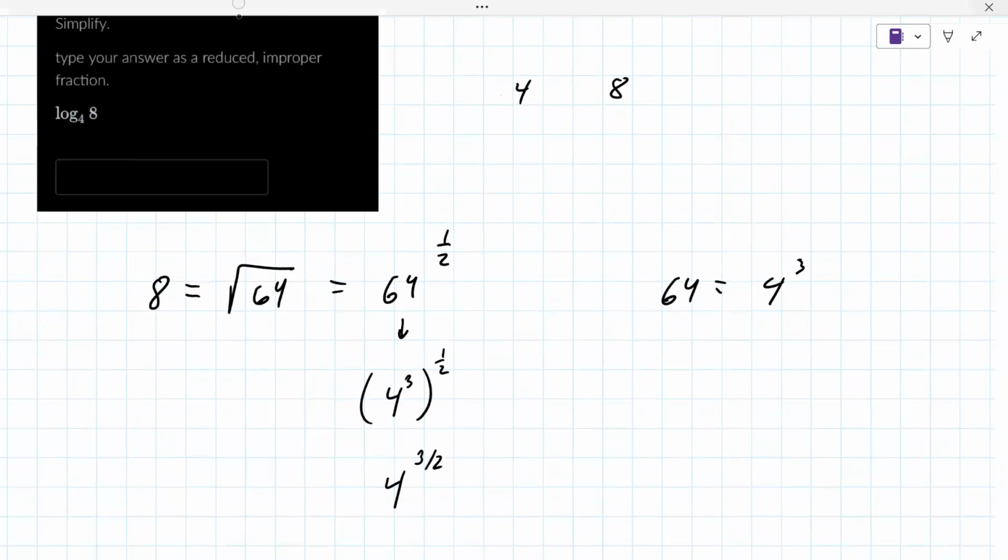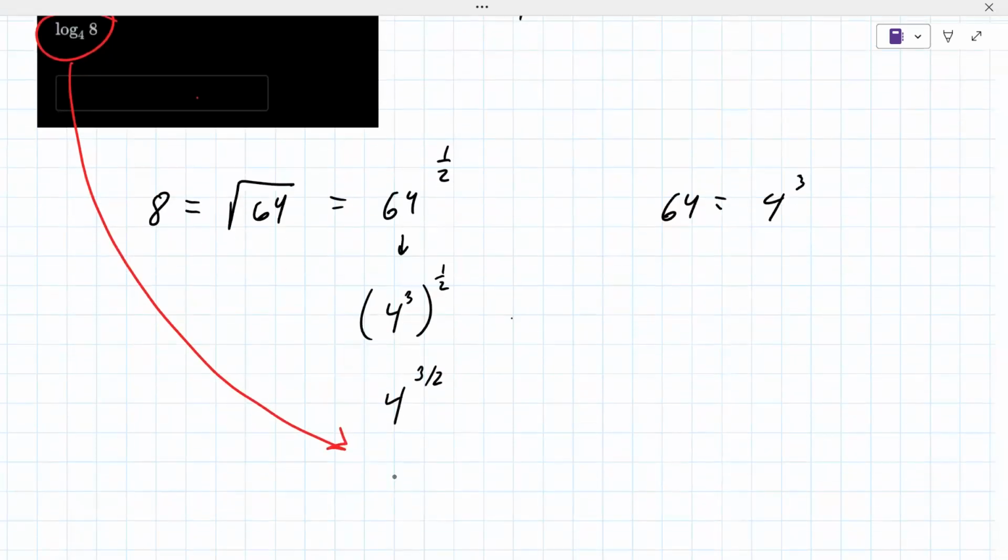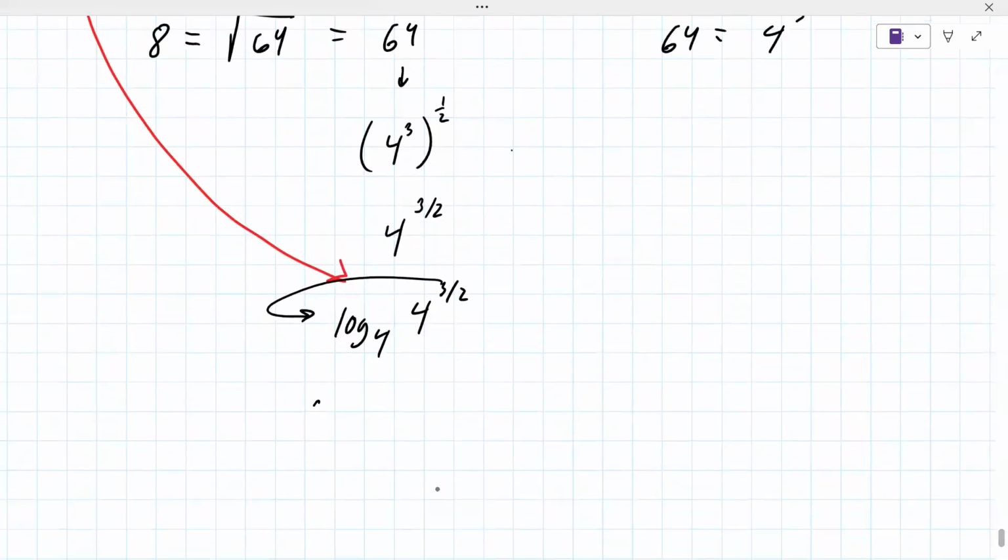So this original problem here, we kind of work it out now where it's like, okay, instead of 8 it's really 4 to the 3/2 power. You never thought to do anything like that, but that's what it is. So then the exponent comes out in front. 3/2 log base 4 of 4.